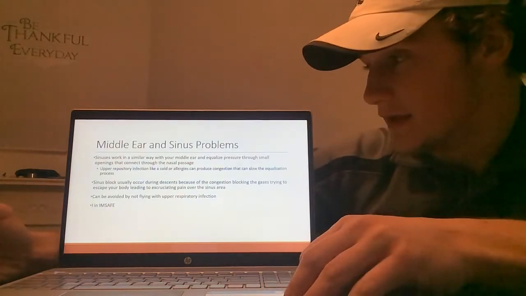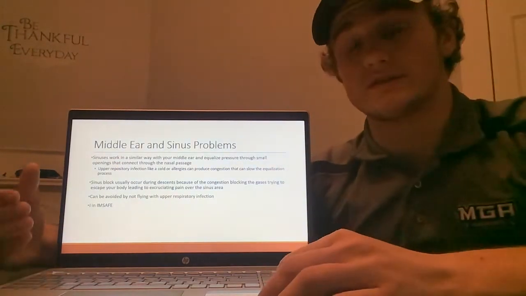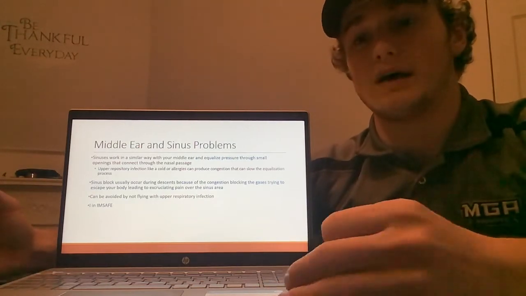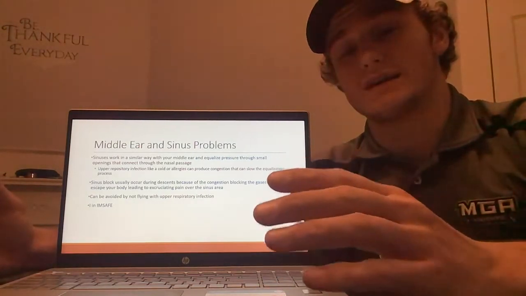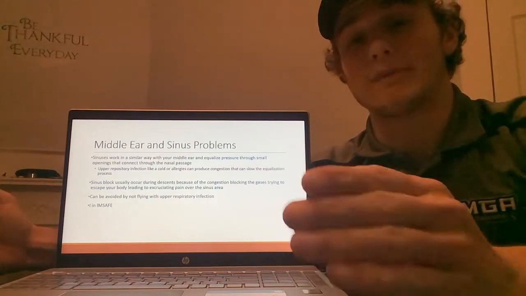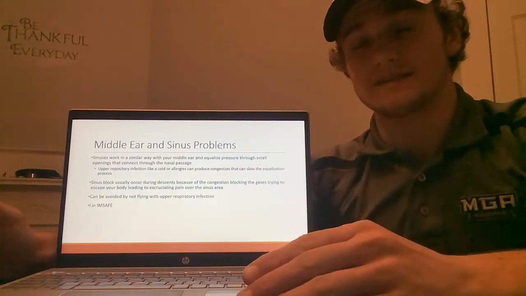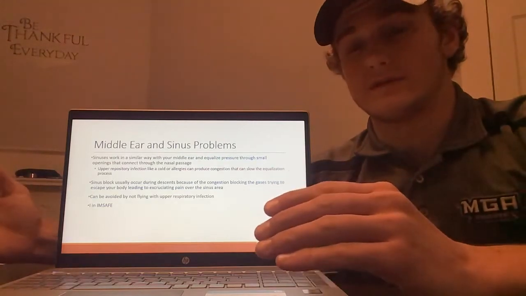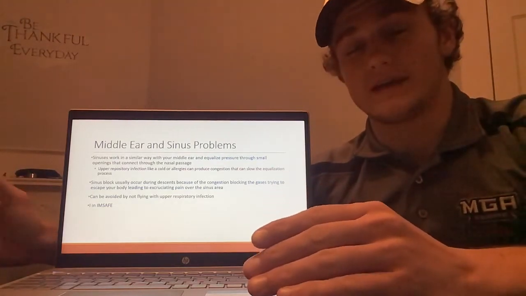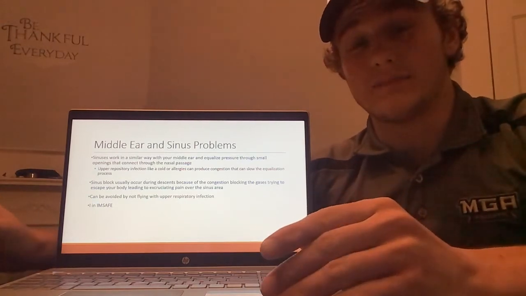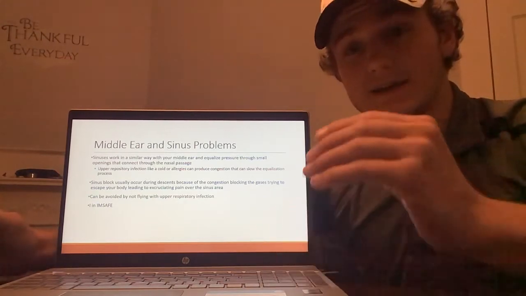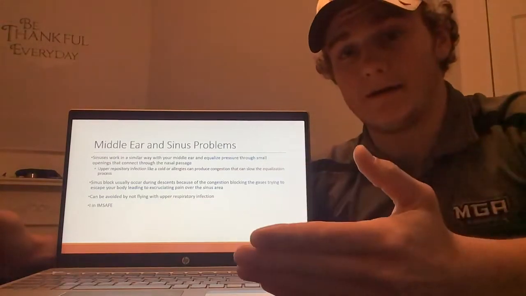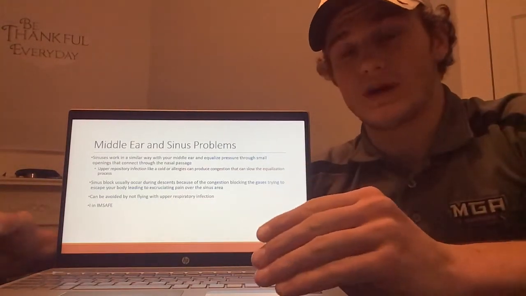it'll cause a lot of pain and will lead to what's called a sinus block. So this sinus block is similar to what happened in our middle ear during the descent. Say we're flying at whatever altitude. As we start descending, the gas inside of our sinuses, which can be above your eyebrows or in your cheeks, is going to try to escape.